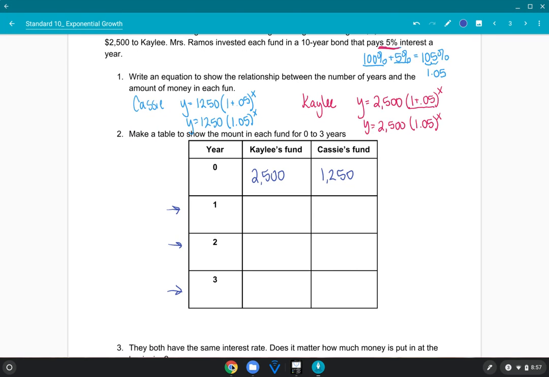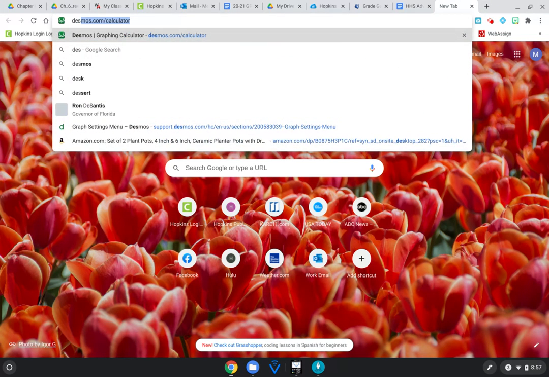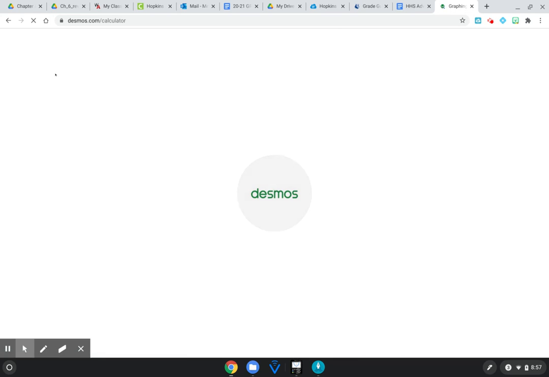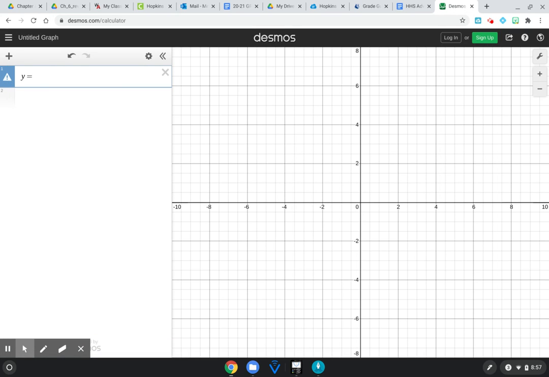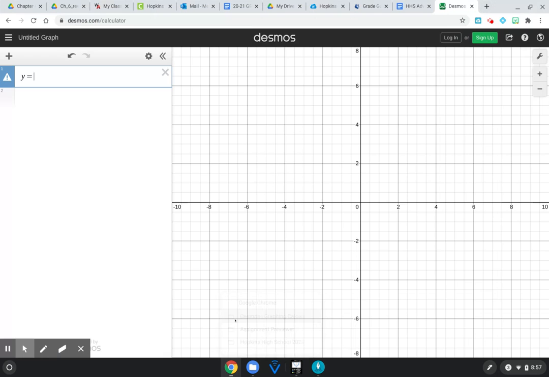Okay, so let's see. You're going to want Desmos open for this for sure. And what I want you guys to do is you're going to go Y equals, and we will do Kaylee's first, which is this equation right here. So that would be 2500 parentheses.